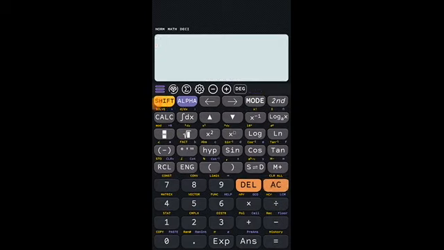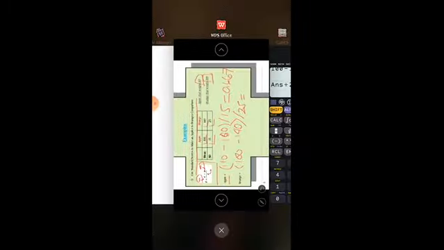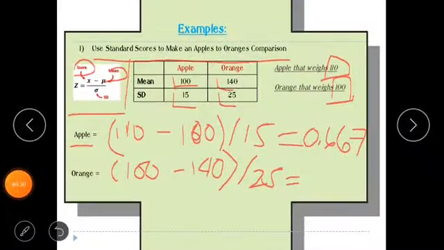So, 100 minus ilan yung mean niya? 140. Yan is equal to negative 40 divided by yung kanyang standard deviation na 25. So, meron siyang sagot na negative 1.6.